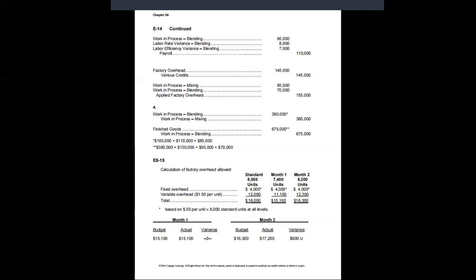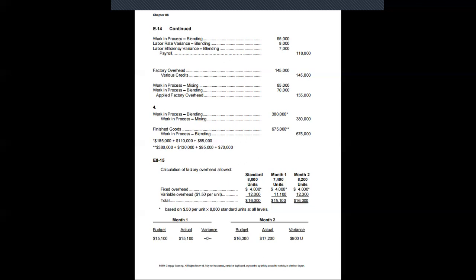Then the next entry for number 3 is the entries to record the actual and the applied overhead. Now for the debit entry, debit factory overhead for the various actual factory overhead costs. So we credit various accounts.